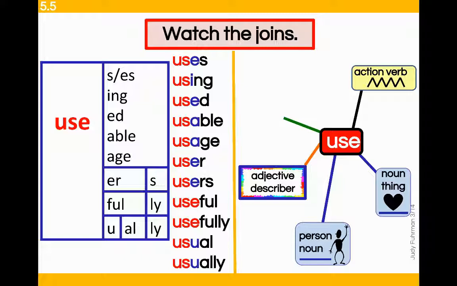The other section is adjective describer, and the last is adverbs. Please take some time right now to use your word matrix to populate your word web for action verbs, nouns describing a thing, nouns describing a person, adjective describers, and adverbs.